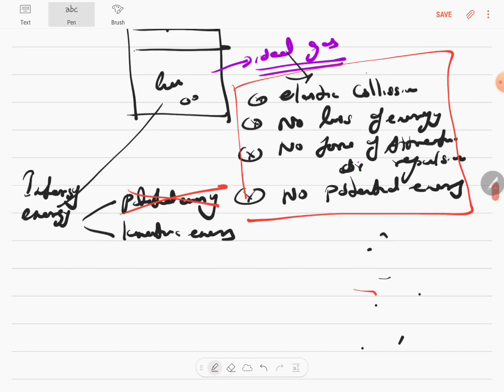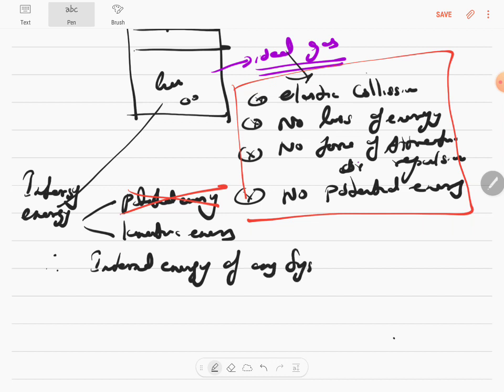So then there is only kinetic energy. So in the entire lesson, when we talk about internal energy of any system, when it comes to ideal gases, it refers to only kinetic energy.